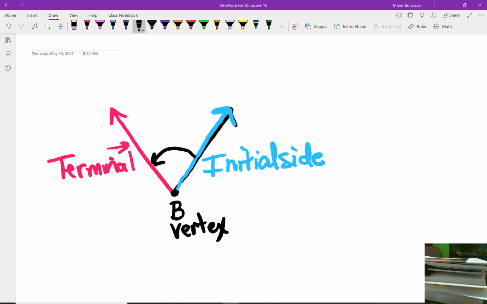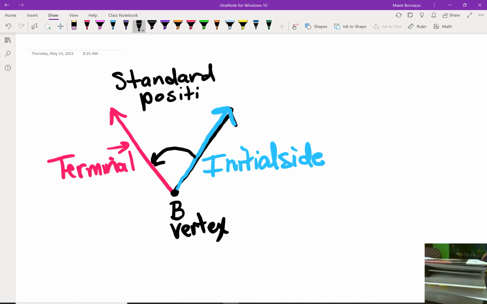They're referring to this as standard position. So be careful with clockwise versus counterclockwise, because that makes a difference as to how we perceive the angle direction to be.